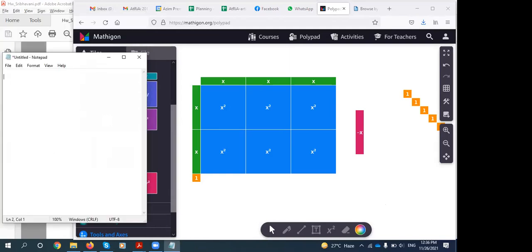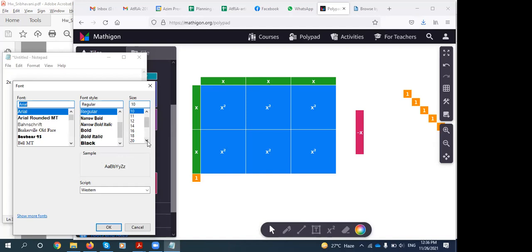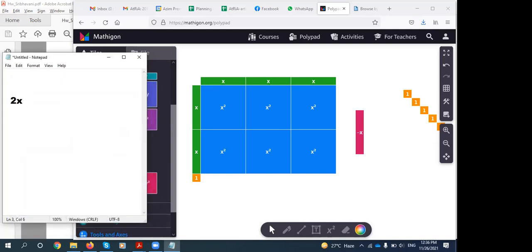So we are dividing by 2x. Let me make the font better. I hope this is visible. Here we have got 6x squared minus x plus 5, and the quotient I will write on top.